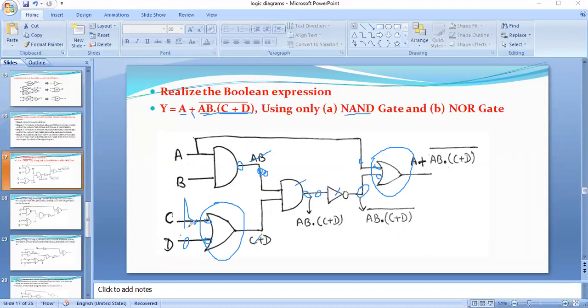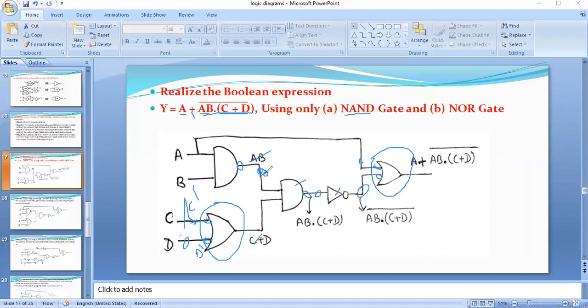See here, we have an inverter and another inverter, so we can directly write it as C bar and D bar. Or else, instead of inverters, you can use NAND gates, otherwise you may write C bar and D bar.